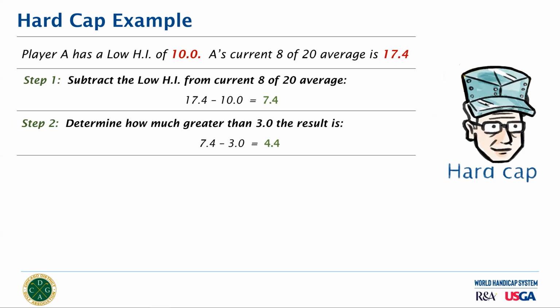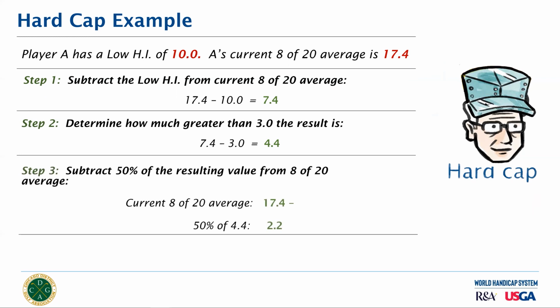So it's 4.4. Subtract 50% of the resulting value. It leaves us at 2.2. So the index would be 15.2. However, that's 5.2 shots above the low index, so the hard cap kicks in and stops this index at 15.0.